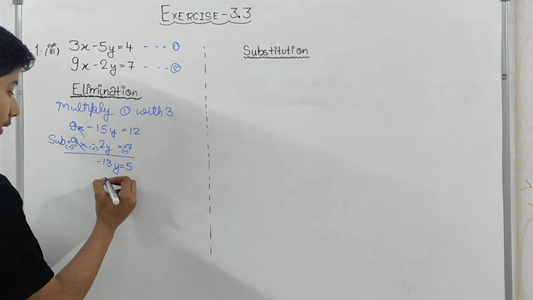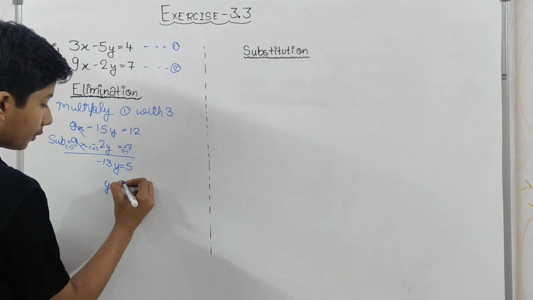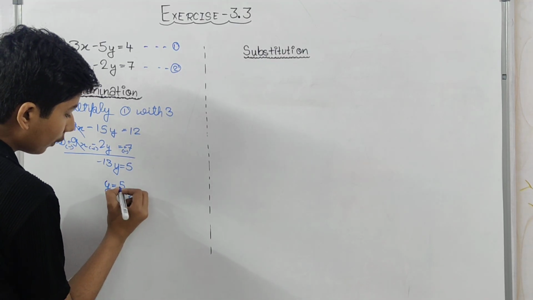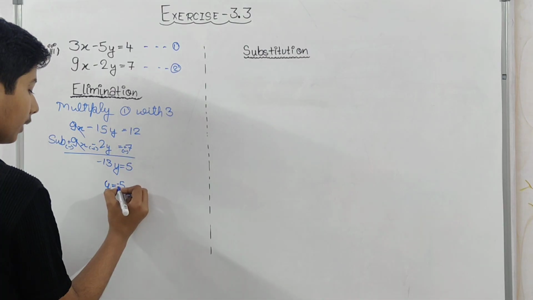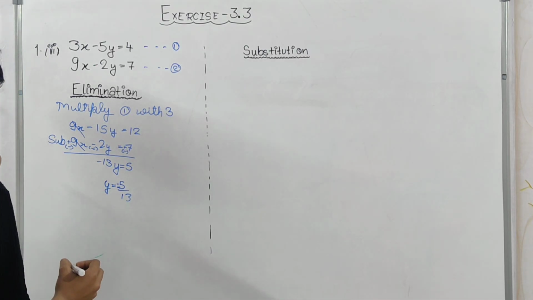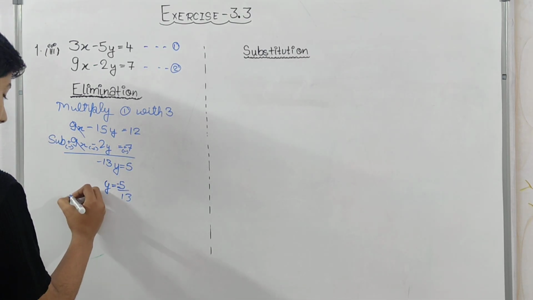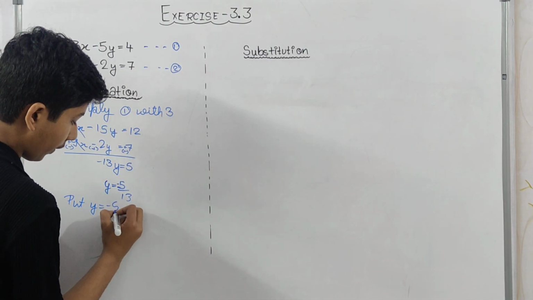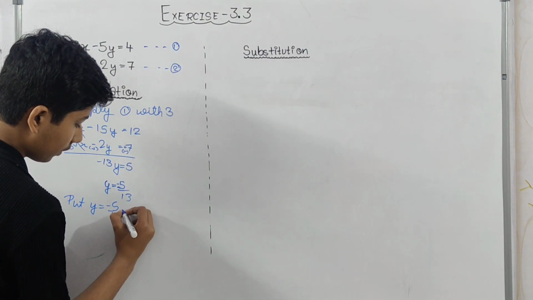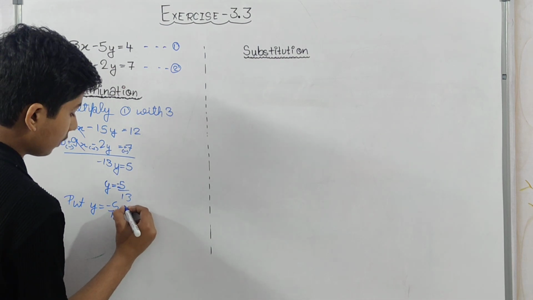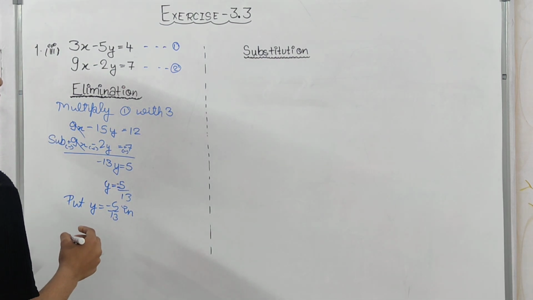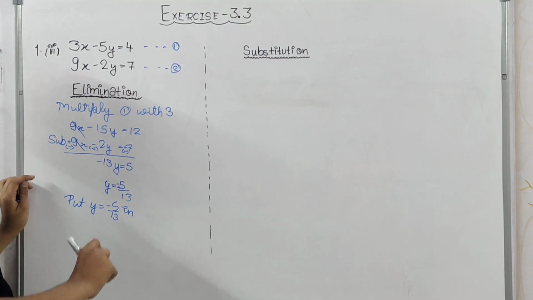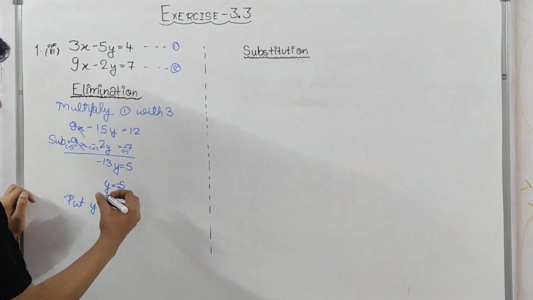So if we solve this, we get y equals to 5 by 13, that too negative, means minus 5 by 13. Now we put this y equals to minus 5 by 13 in this equation, I mean the first one.